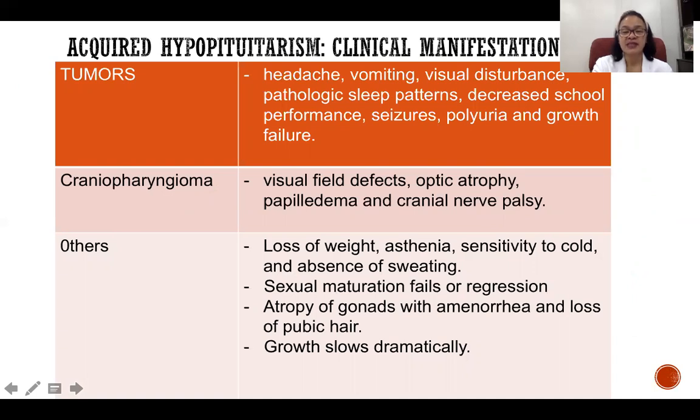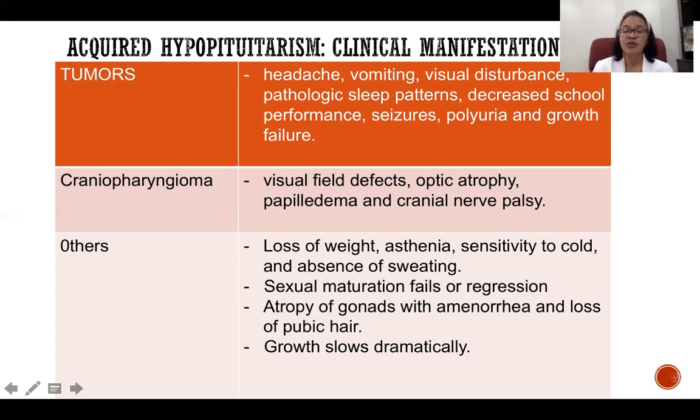So the manifestations, especially if the cause is a tumor, usually the patient would complain of headache, would manifest vomiting, some visual disturbances because the optic nerve might be involved. There might be pathologic sleep patterns, decreased school performance, okay, because of that lesion there.